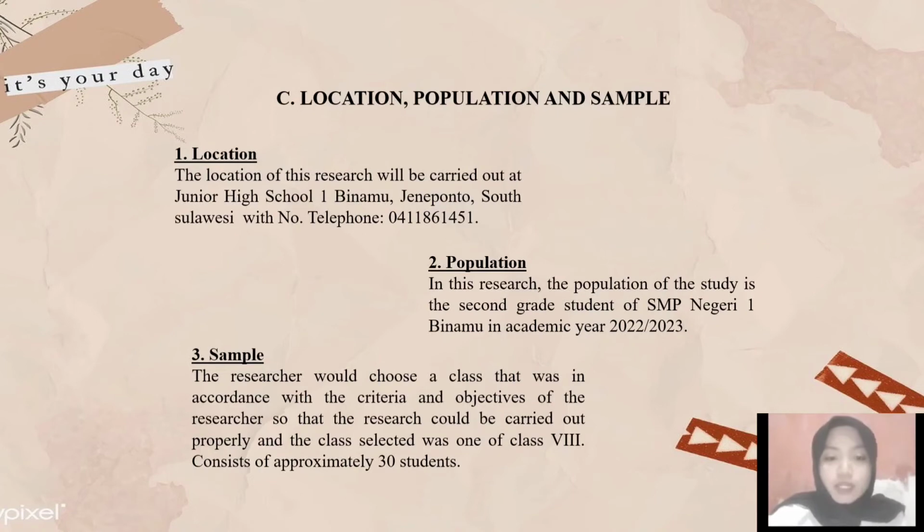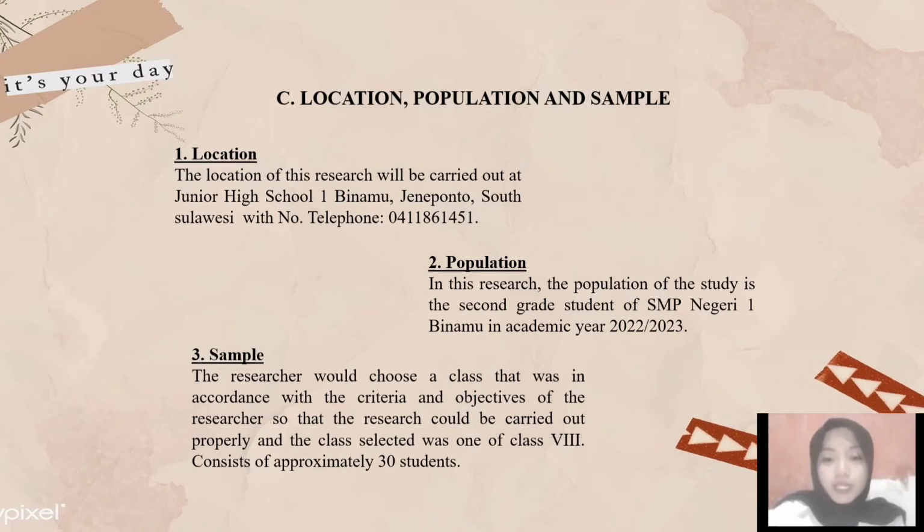The population of the study is quite large, so it is necessary to take a sample. Sampling in the study was carried out using a purposive sampling technique. Purposive sampling is a term that refers to a variety of non-probability sampling approaches.